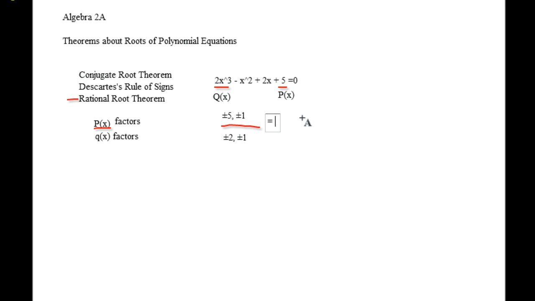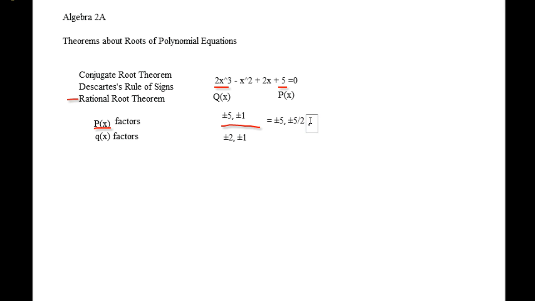Okay, so I'm going to divide 5 by the 1. So I get plus or minus 5. Okay, and then I'm going to divide it by the 2's. So I'm going to get plus or minus 5 halves. Okay, so those are my first two. Then I'm going to divide by the 1's.